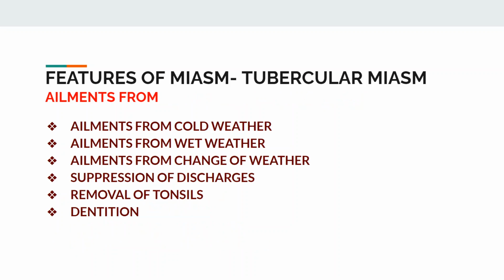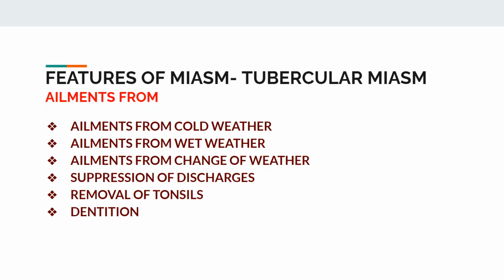What is the causation in tubercular miasm? Let's understand. It is ailments from cold weather, wet weather, change of weather. Also suppression of discharges, removal of tonsils, which is also suppression, and problems of dentition.